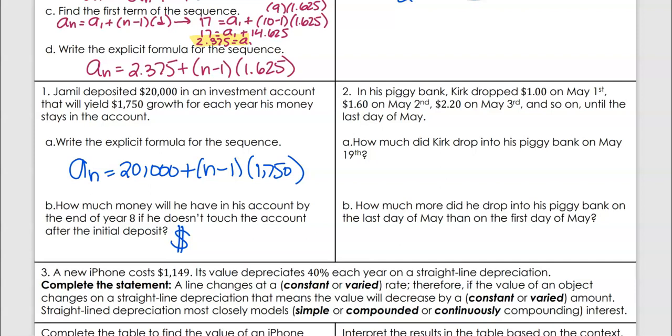What'd you get? 35? I did not get 35. I got 32,250 specifically? Okay. Yeah, I got $32,250. So you plugged in your 8 for your N. Oh, okay. Yeah, make sure it's a -1 rather.